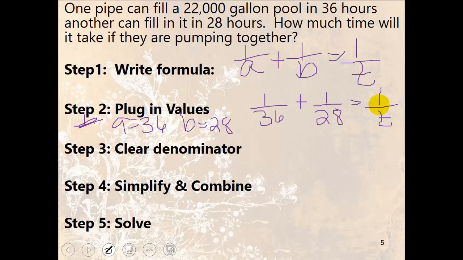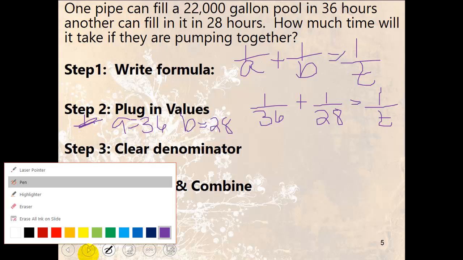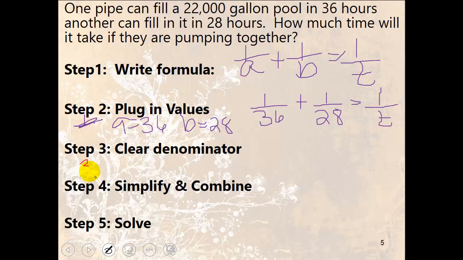And then to clear the denominator, I have to multiply everything by the common multiple of 36 times 28 times T. So when I multiply this first term, my 36's are going to cancel out and I get 28T.